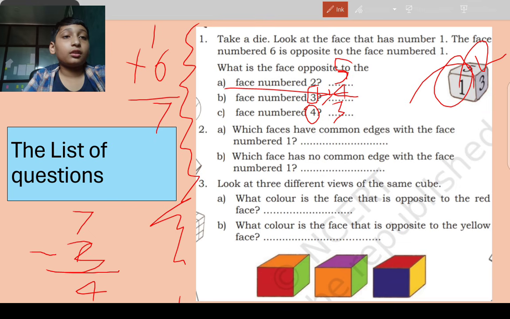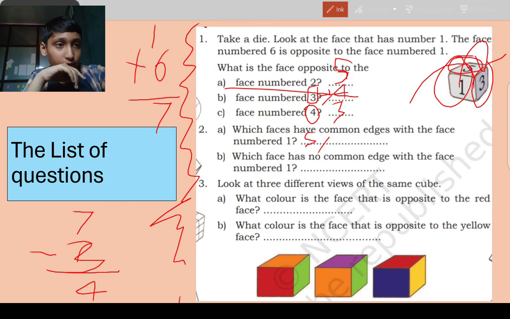2. A. Second A. Which faces have common edges with the face numbered 1? So we can clearly see in this picture there's 5 and 3, so 5 and 3 can be an option. And then there's the other 2, these opposites. 5 is 2 and 3 is 4.